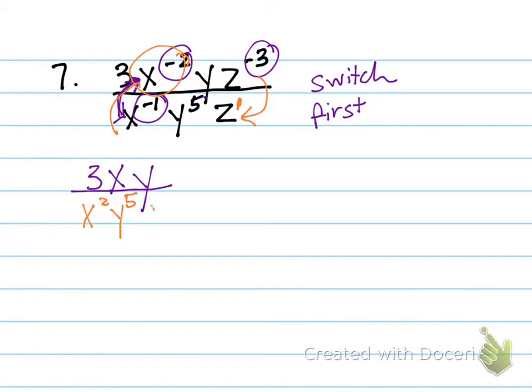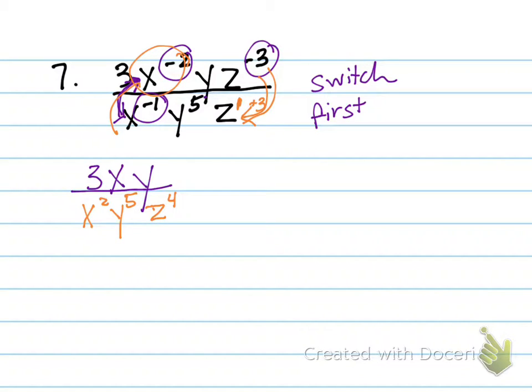I'm going to combine those to become z to the fourth on bottom. So 1 plus 3, because I'm moving it down. So now I have everything with a positive exponent.